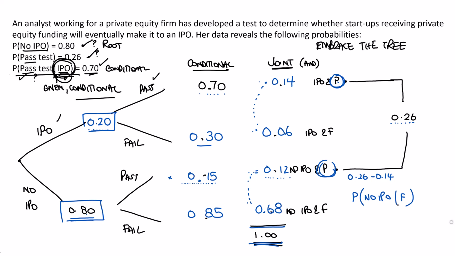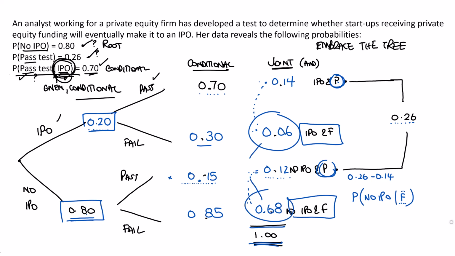So here we go. Given a fail means we're in the universe of outcomes that were fails. Where are the universe of outcomes that are fails? Well, it's this one and this one. They're the only 2. So add together these 2, 0.06 and 0.68, probability of 0.74, which makes sense because the universe of passes was 0.26. They had to add to 1.